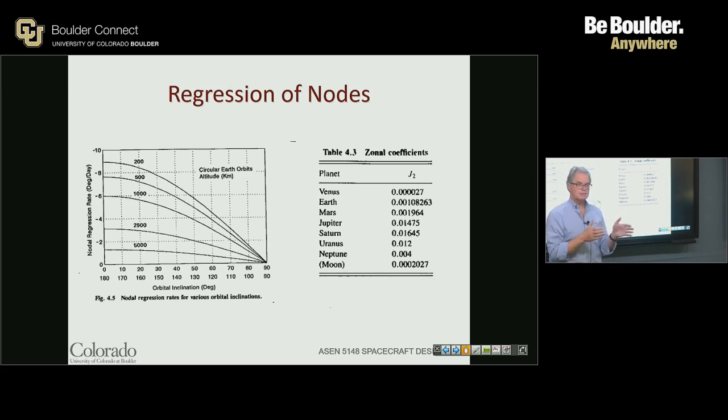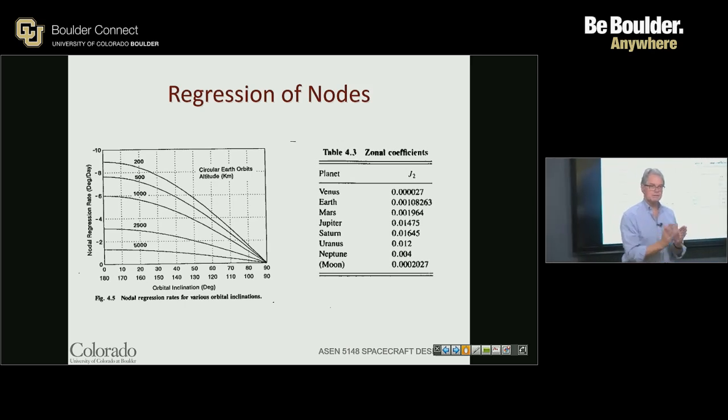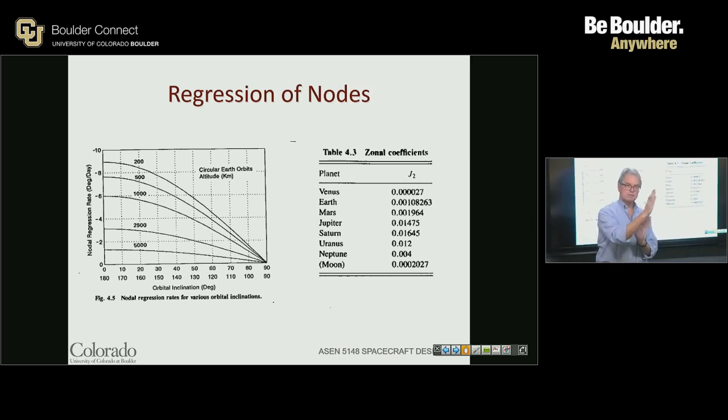It turns out that if we slightly incline an Earth orbit beyond 90 degrees, not up over the pole, but just beyond it, we can make that orbital plane move about a degree per day. So as the Earth moves around the Sun, the orbital plane moves around the Earth at about a degree per day, and it appears to stay fixed with respect to the Sun.